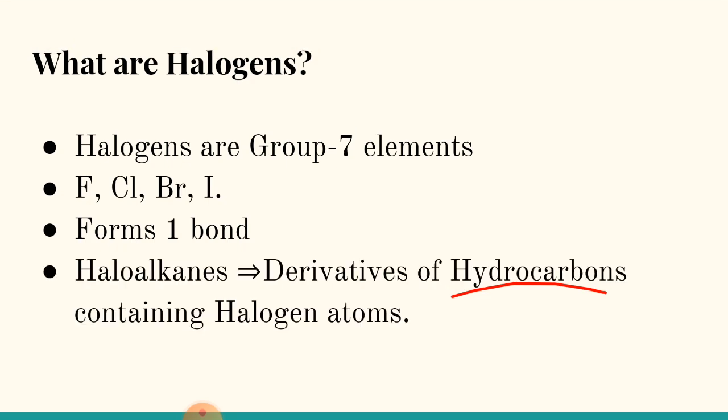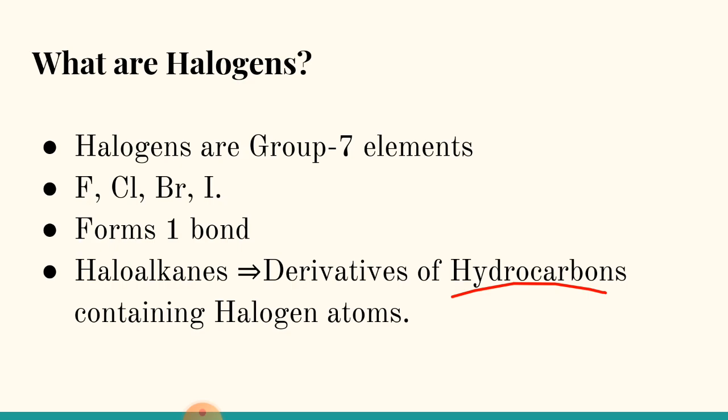So haloalkanes are defined as the derivatives of hydrocarbons containing halogen atoms. We have read about the derivatives of hydrocarbons, that these derivatives are the compounds that are formed when a hydrogen atom is removed from that hydrocarbon and is substituted by any other atom or group of atoms.